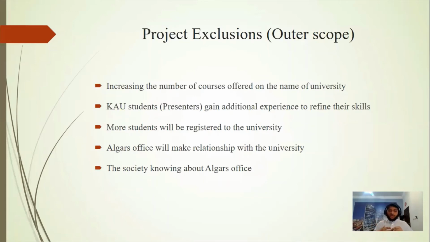And by the end of the course, we hope that more students will register to the university. Also, the Al-Ghars Al-Mubarak office, we will make a relationship with the university. That's a scope for Al-Ghars Al-Mubarak. And finally, we hope that society will know more about the Al-Ghars office.